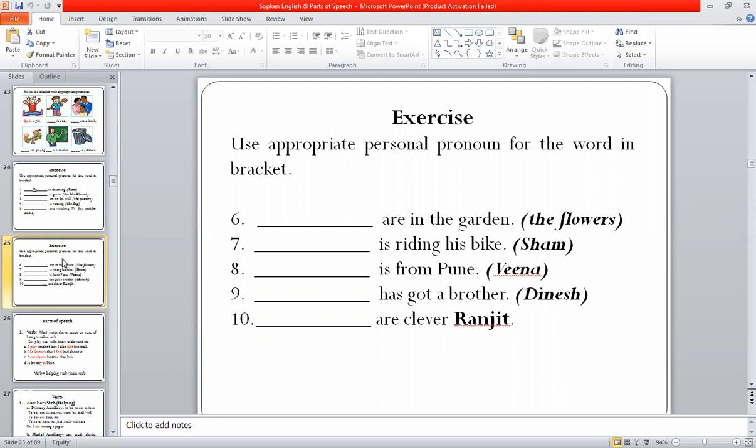He has got a brother. Correct. The tenth and the last example is Ranjit is clever. It is a typing mistake. Ranjit is clever. What will be the pronoun? He. He is clever. Correct.